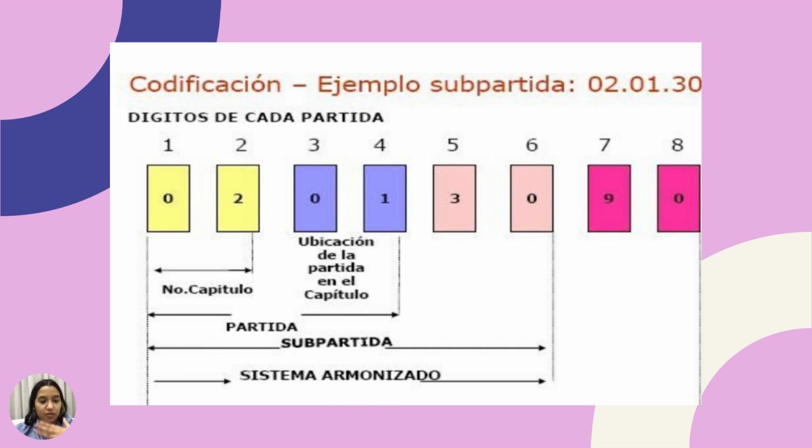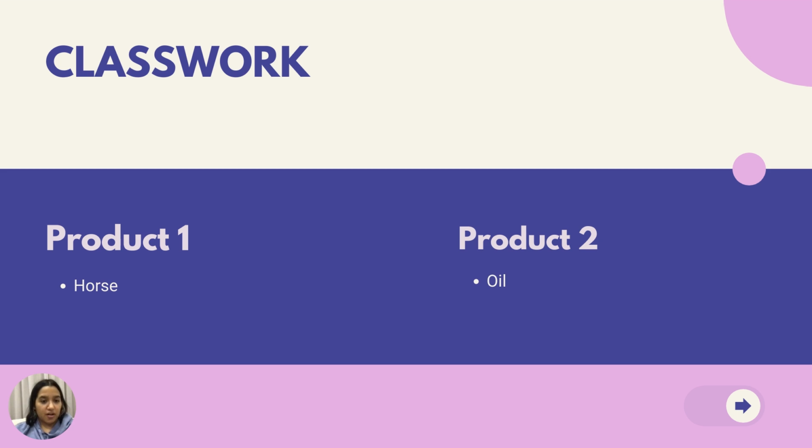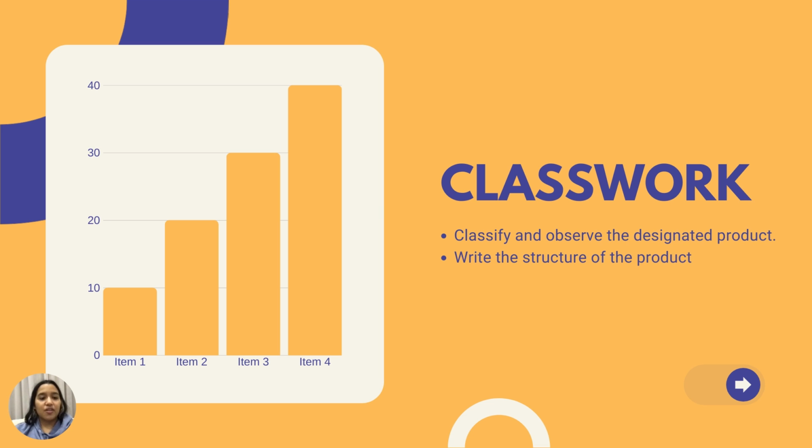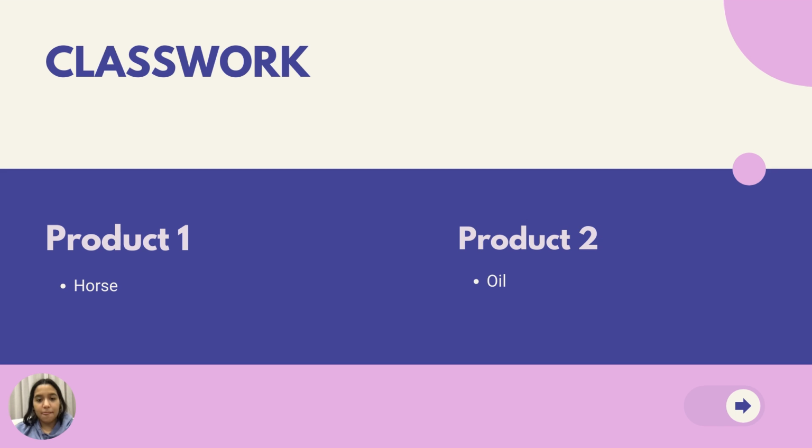You can write something similar to that. I will give you two products. The first product will be horse, just horse, and the second product will be oil. You need to classify and observe the designated product, horse and oil, and write the structure as we see on this one.